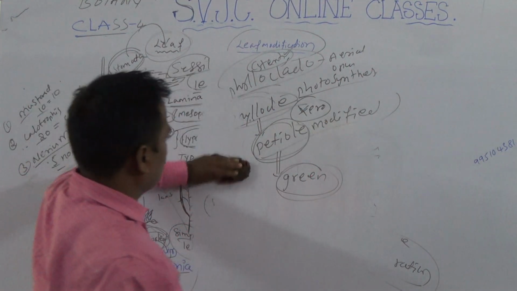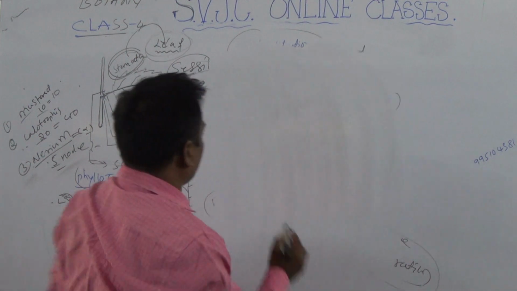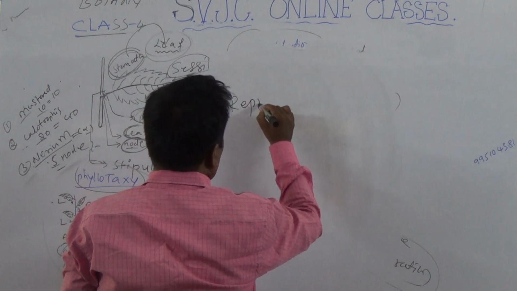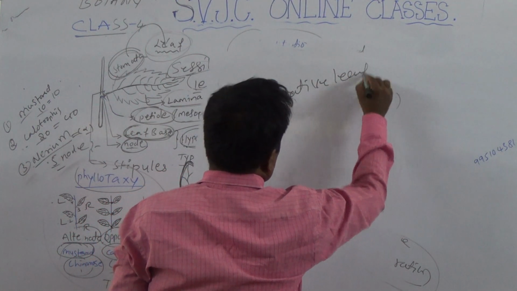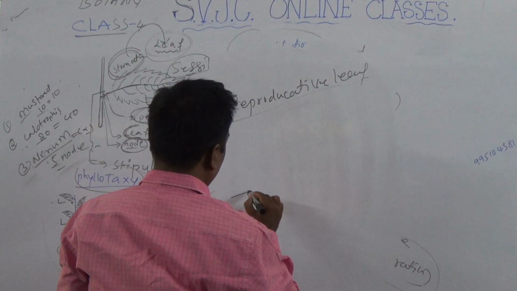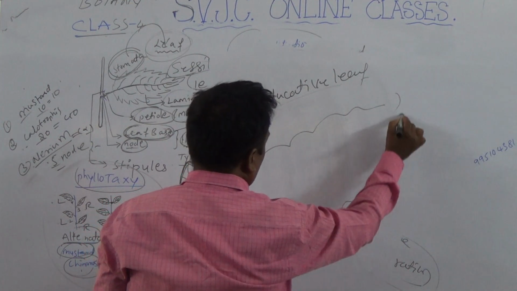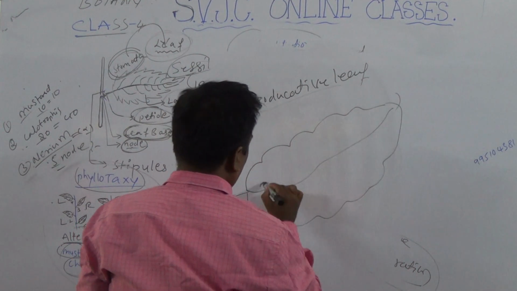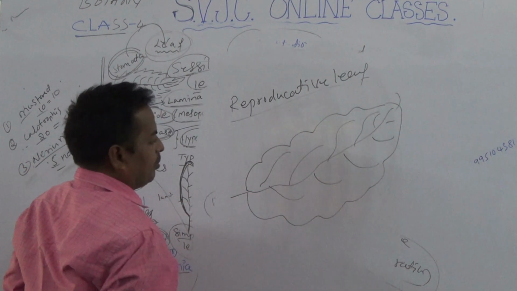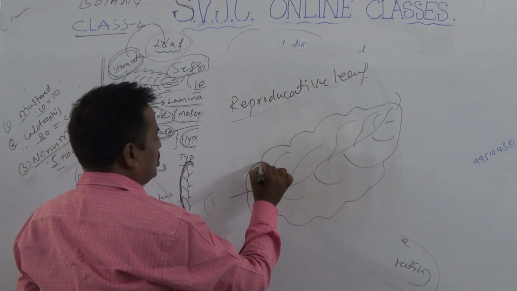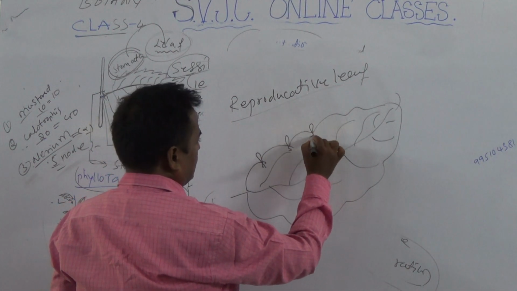Okay students, the next one is reproductive leaves. For example, Bryophyllum. The margin of the leaf has many buds, epiphyllous buds.